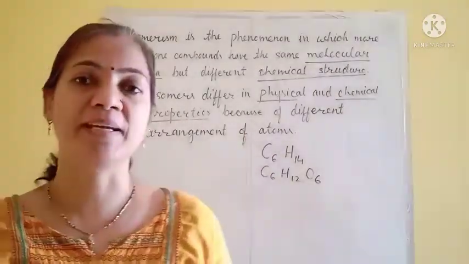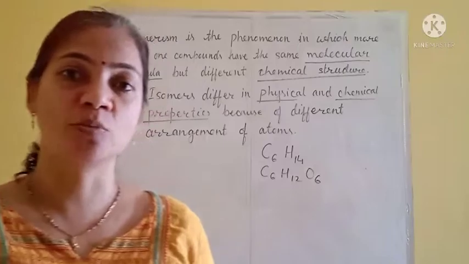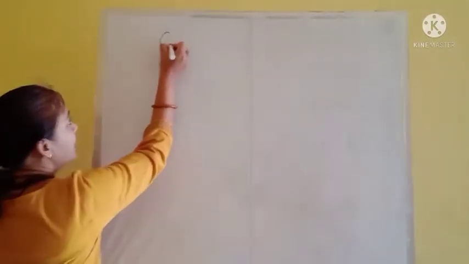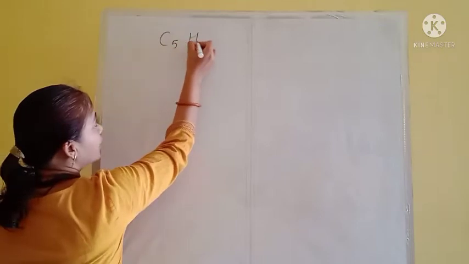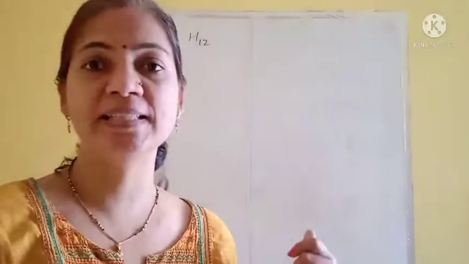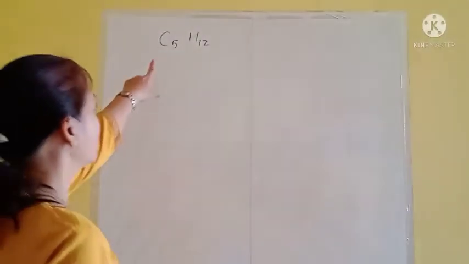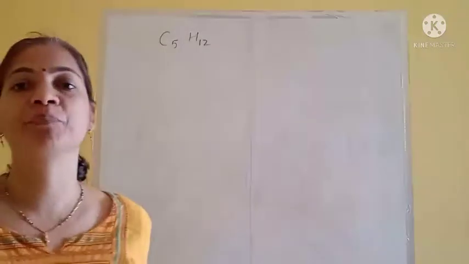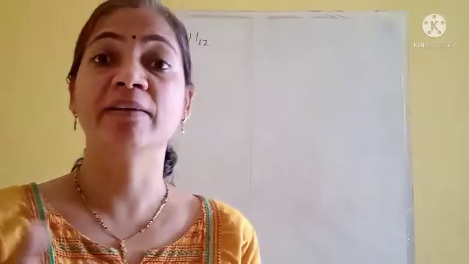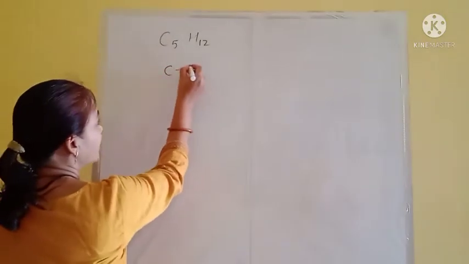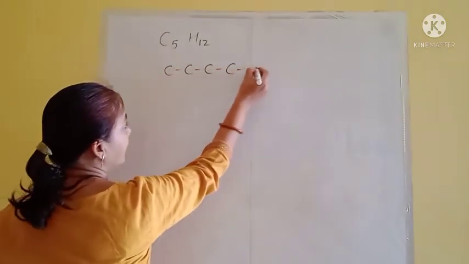Now let us take some example and understand the isomers. Taking the example C5H12. This is pentane because this is CnH2n+2. Now see what all isomers can we draw. If I draw a straight carbon chain, there are 5 carbons.